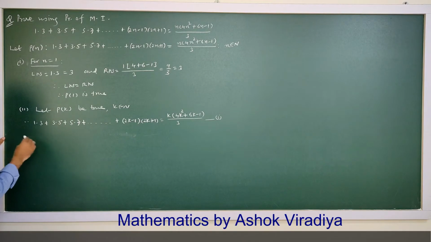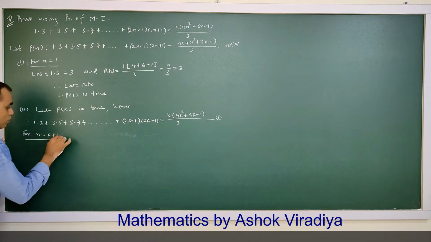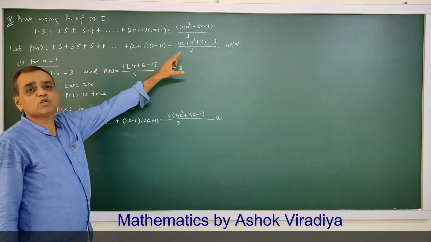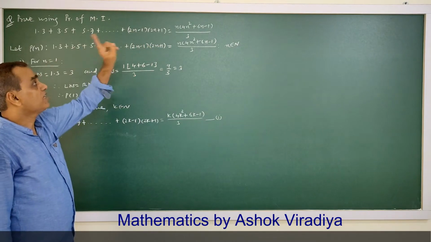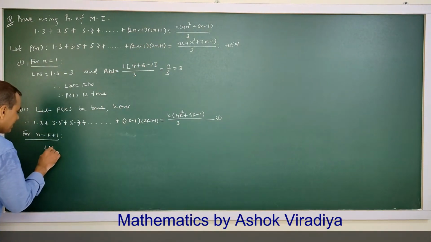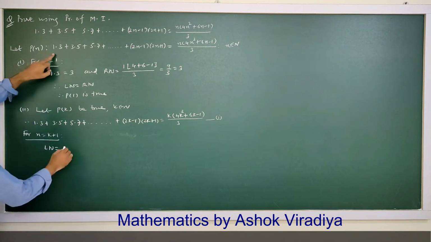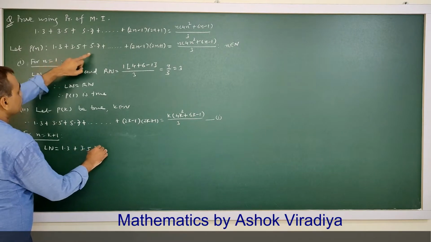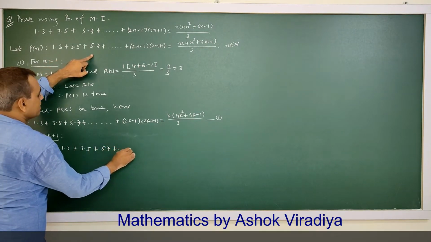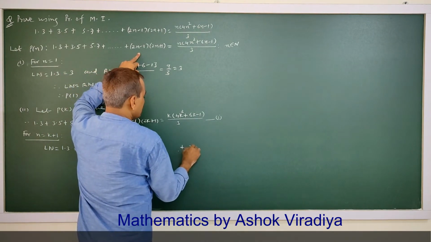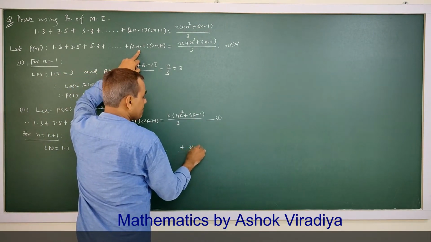Now using this, we show the proof for n equal to k plus 1. Now I am writing this statement for n equal to k plus 1. So left hand side, beginning from left hand side: 1 into 3 plus 3 into 5, 5 into 7 plus up to here, replacing n by k plus 1.